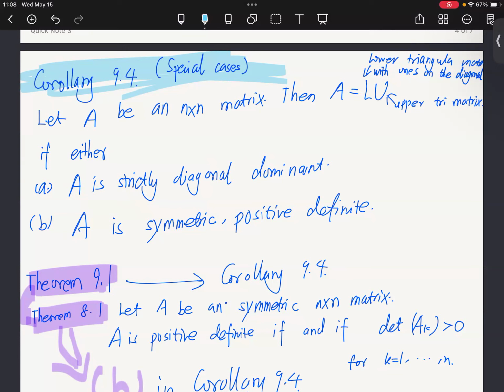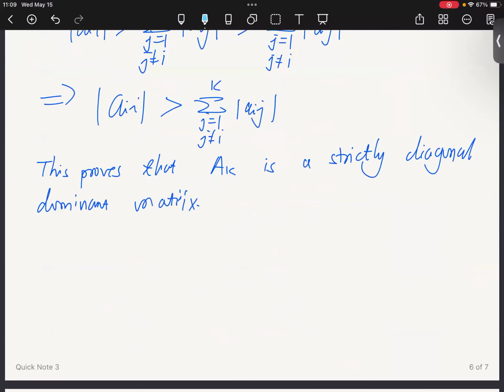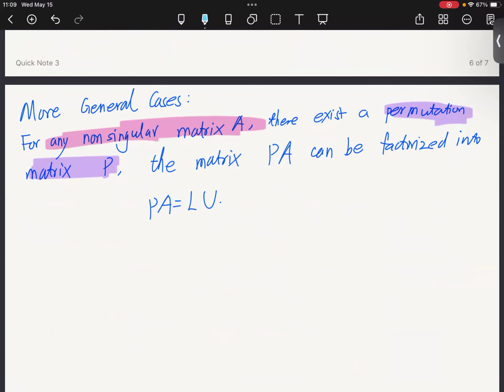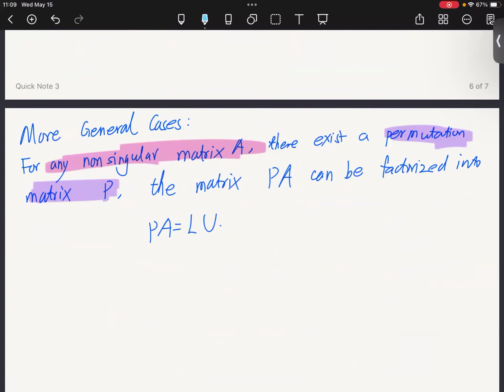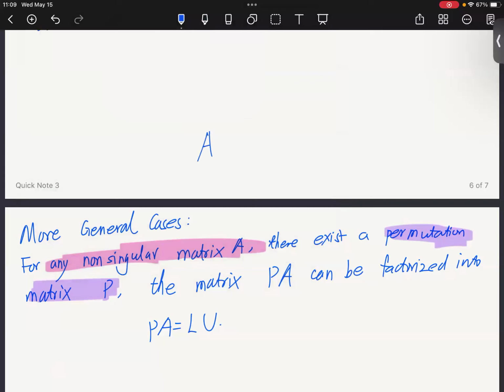And also, I mentioned at the end of the class last time, we can actually have a very general version of the LU factorization, this time for any non-singular matrix A. So what we mentioned above is to directly do the LU factorization, which is what we have for theorem 9.1 and corollary 9.4.